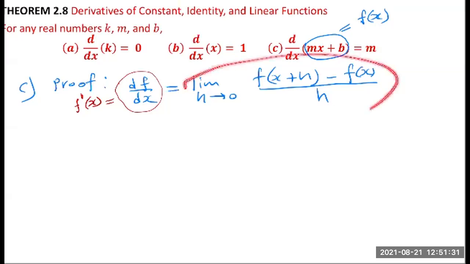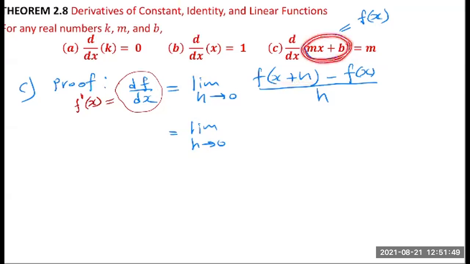Let's calculate this limit. To calculate that limit, I will simplify my numerator. Limit as h approaches 0, f of x plus h. To find f of x plus h, I'm going to have to plug in x plus h in my function f. This is my function f of x. Then you get m times x plus h, plus b.